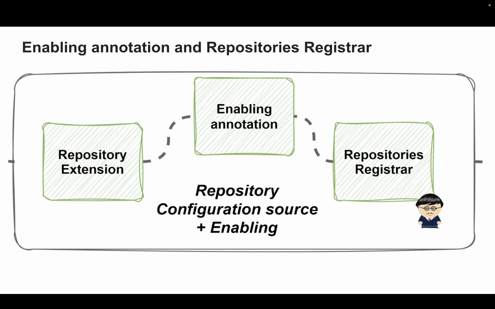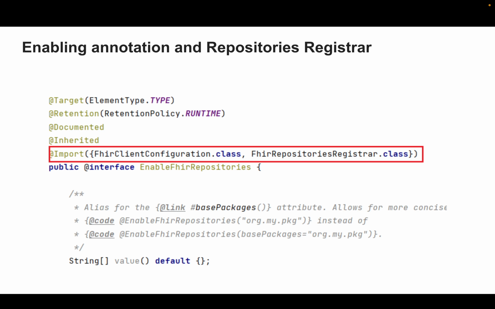The next step is the enabling annotation and repository registrar. The enabling annotation is the annotation you most likely used when you started using some Spring starter, like enable transaction management or enable scheduling. In our case, this annotation will be named enable FHIR repositories.